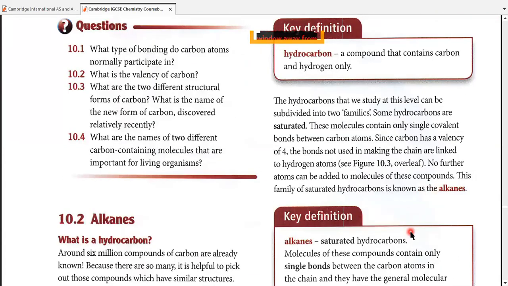However, the families in hydrocarbons are also separated in some other way. For example, the bifurcation so far was made only on the basis of type of bond, saturated and unsaturated. Now we are going to talk about specific families. In order to talk about specific families, it's not just the type of bond. There are many things that we are going to characterize, and we are going to talk about their specific properties.